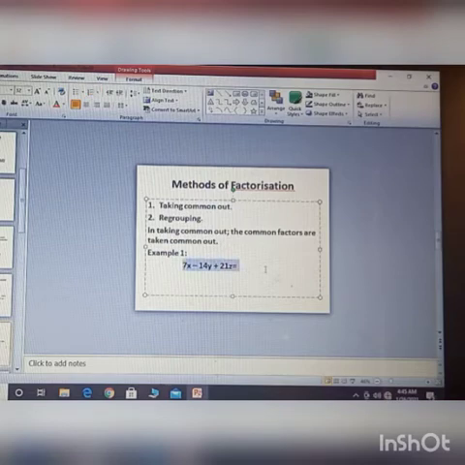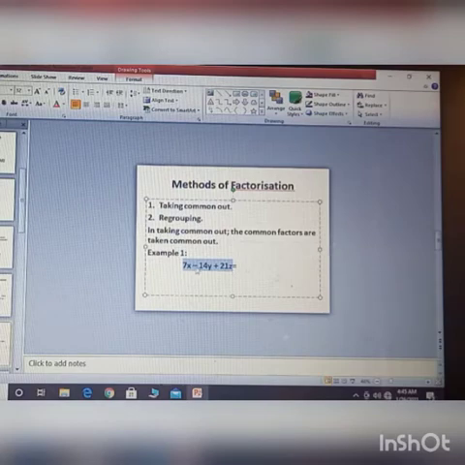This is the example. I have shortly described it in the previous example, and if I ask you to help me do this one, let's see. I would like you to do it mentally in your mind as well. Give it a few seconds to think about what is common in this whole expression. 7x, 14y and 21z.